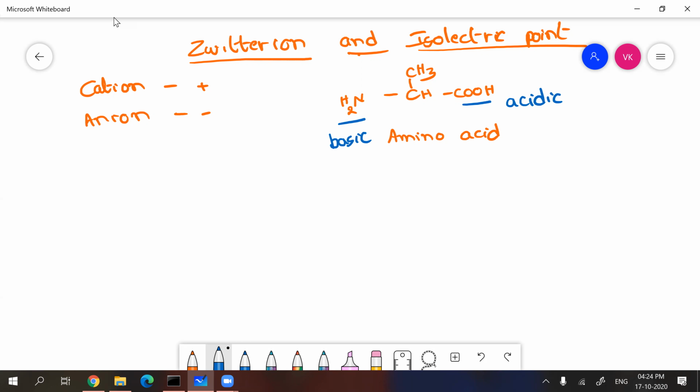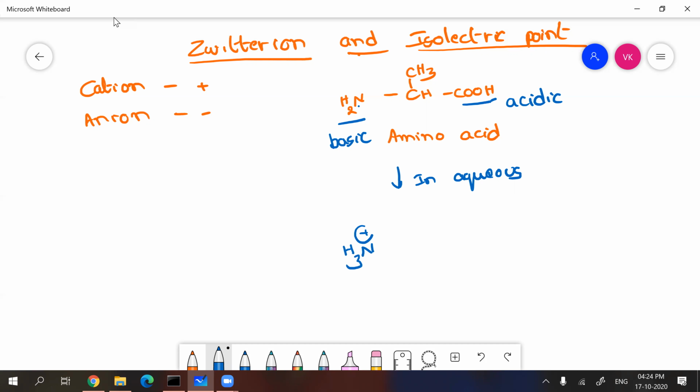Whenever there are two different types of functional group like acidic and basic, in aqueous solution, the acid loses a proton. That proton will be taken up by the base. Acid will lose the proton, base will accept the proton. Then what happens? Let's see.